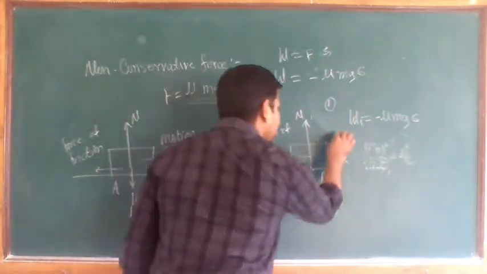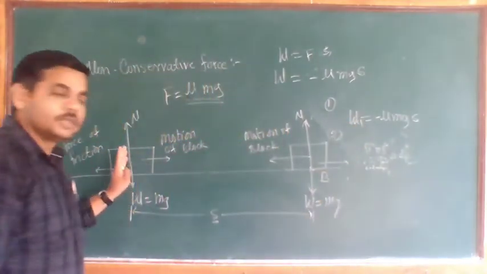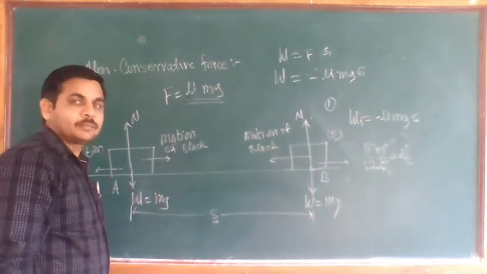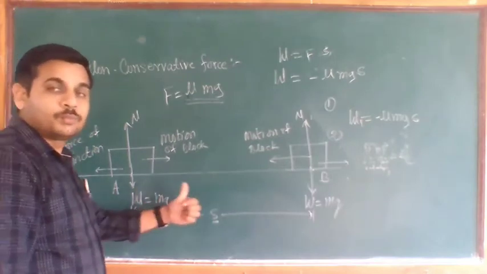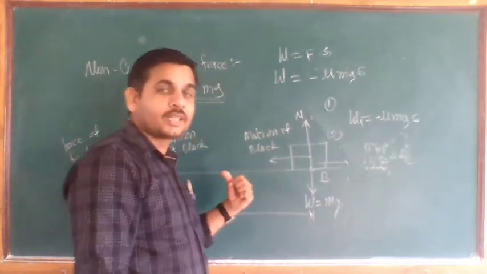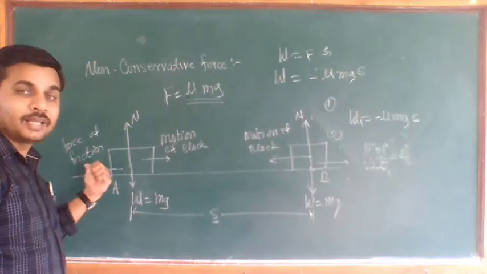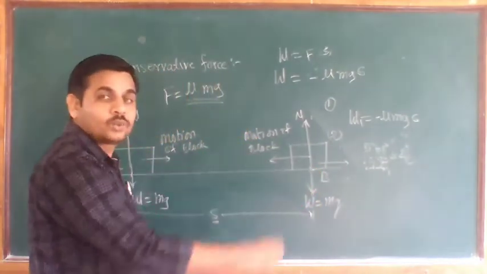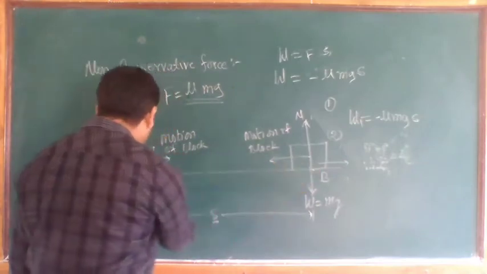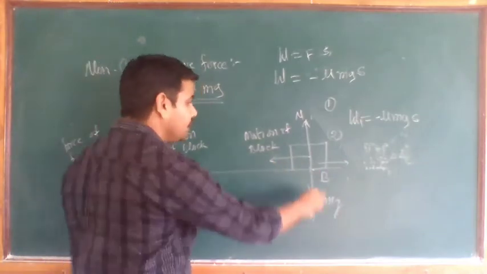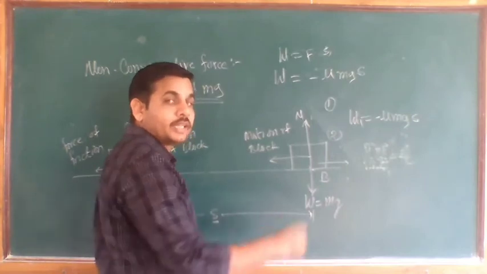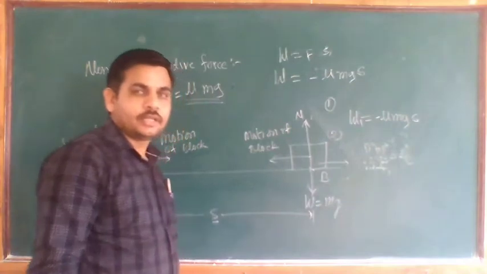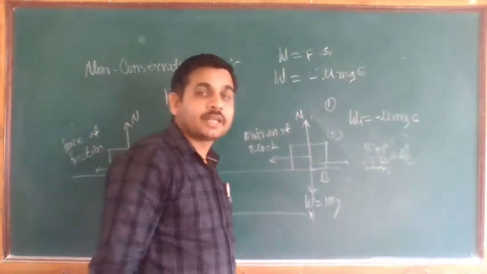Now in the same manner, the block moves from A to B, and the frictional force acts in the opposite direction, the left direction. Second condition, when the block moves to the left side from B to A, the force of friction will be at the right side.